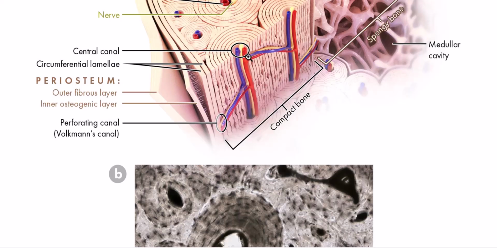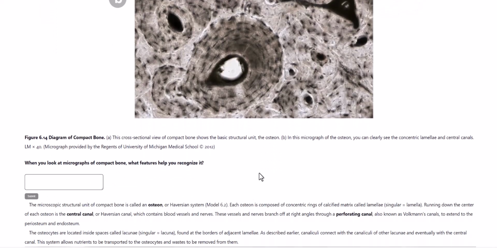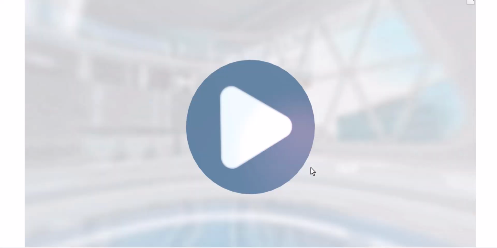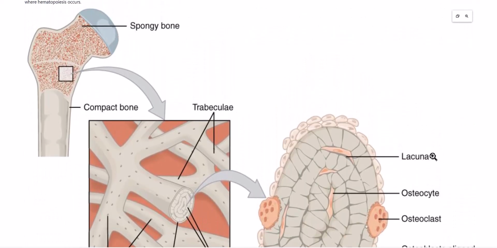So we see blood vessels and nerves traveling also through those Volkmann's canals. You are not going to see a Volkmann's canal in the histological images, but you can see all of the other things that I've pointed out. Again, make sure you're interacting with those images and those animations.